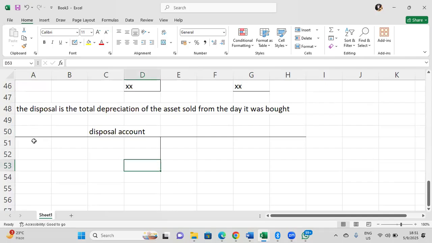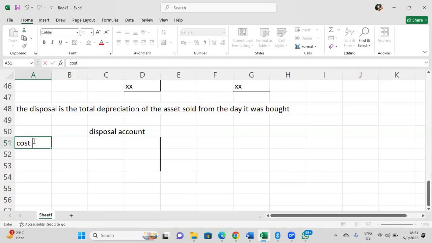So the disposal account is prepared whenever we sell assets. We'll do an example to show how we use these accounts. The disposal account is used to determine whether we made a profit or a loss when we sold the asset. So it is used to determine the gain or loss on disposal.